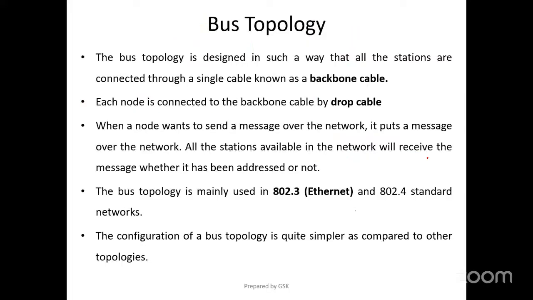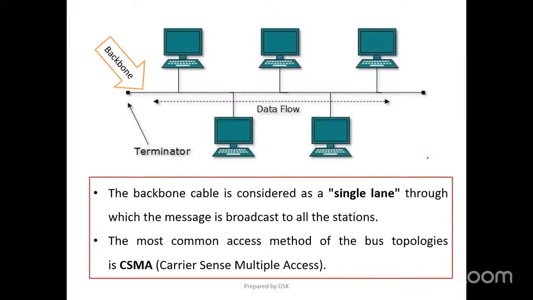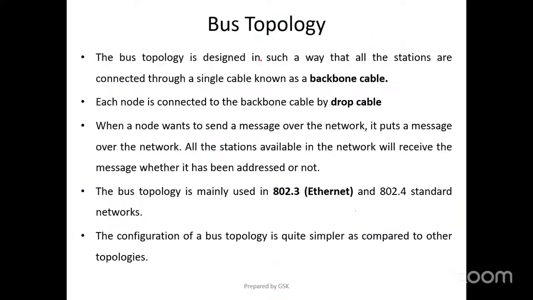First one is bus topology. See this image, you can understand it. In the bus topology, we use only one cable. This cable is called the backbone cable. The bus topology is designed in such a way that all these stations are connected through a single cable.